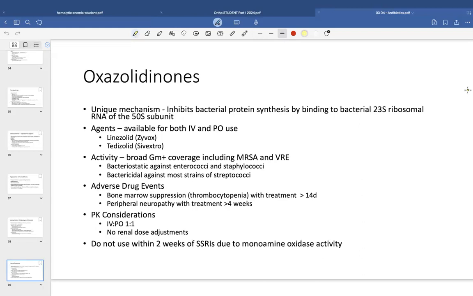So those are the ribosomal agents. Good question. Since there are no renal dosing adjustments, and I know linezolid is often used in outpatient therapy, do we use it in the hospital more so in renal insufficiency patients?